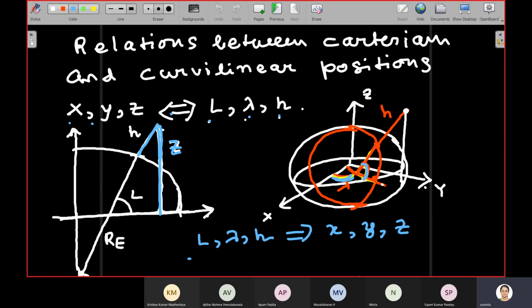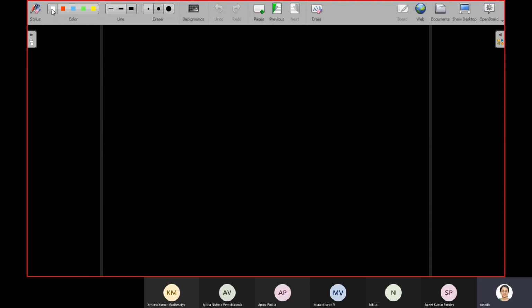In the homework, you are supposed to find the equations to go from the curvilinear position to the Cartesian position. So I'll give you the equations for that first, and then I'll give the equation for the alternative one.